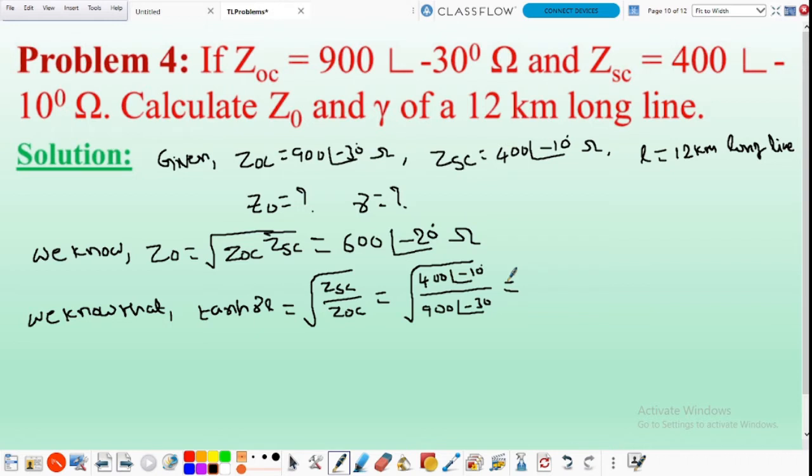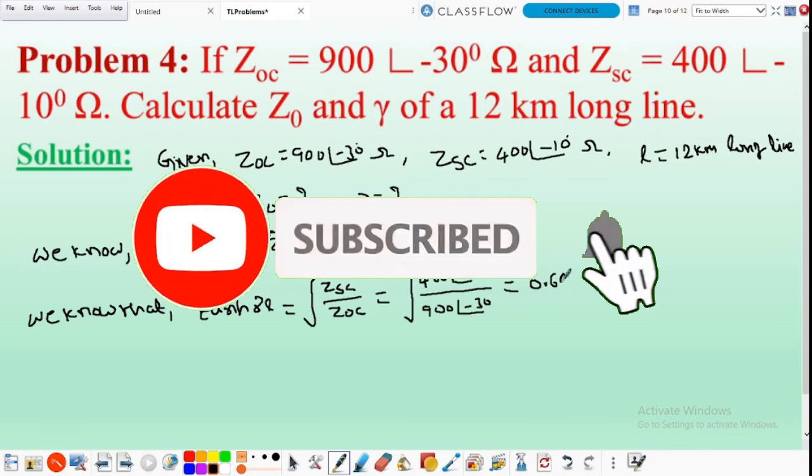400 divided by 900, and the square root of that value is 0.667.